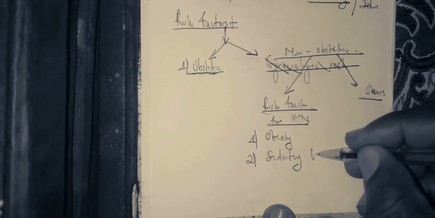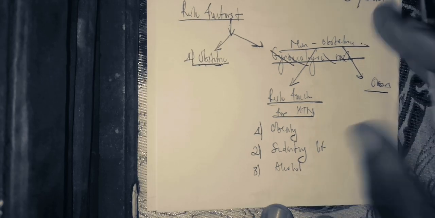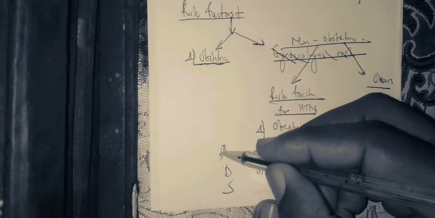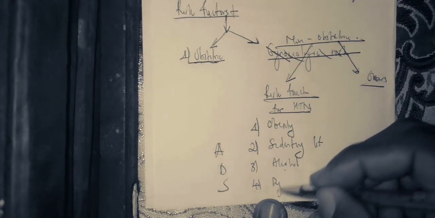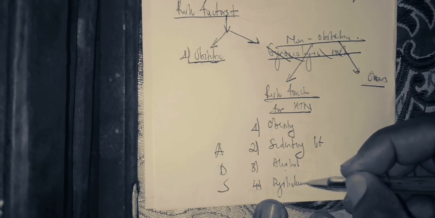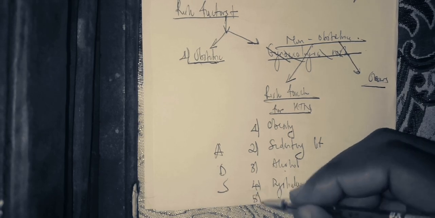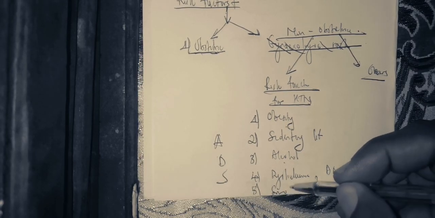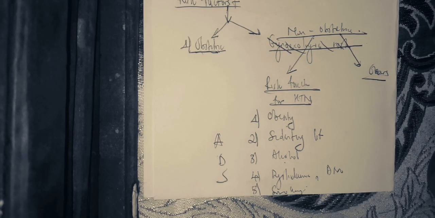This is the ARTS mnemonic: A for alcohol consumption, D for dyslipidemia, if the patient has dyslipidemia, or diabetes mellitus, and S for sedentary lifestyle or smoking. Those are the risk factors for hypertension that we can have. Is it clear?